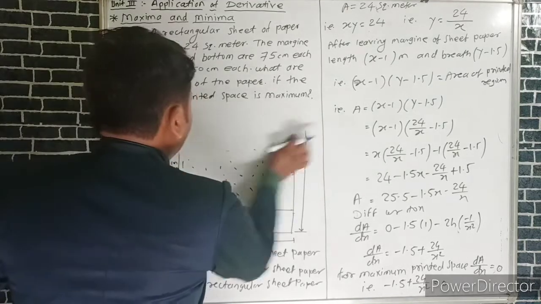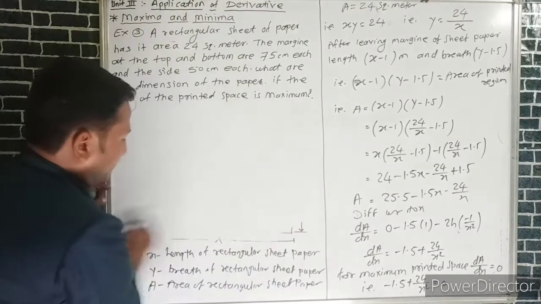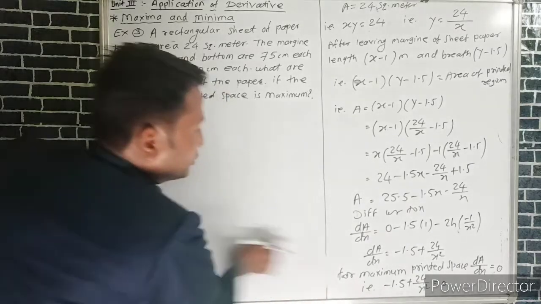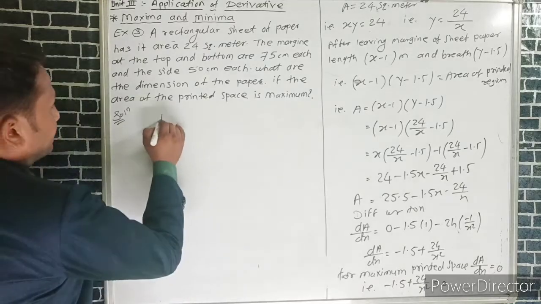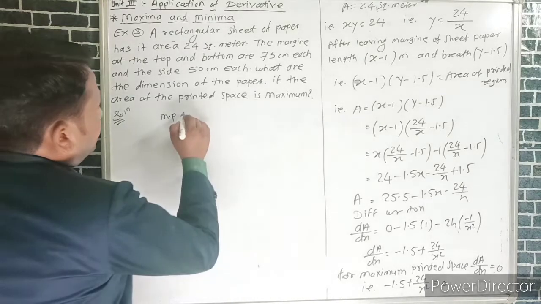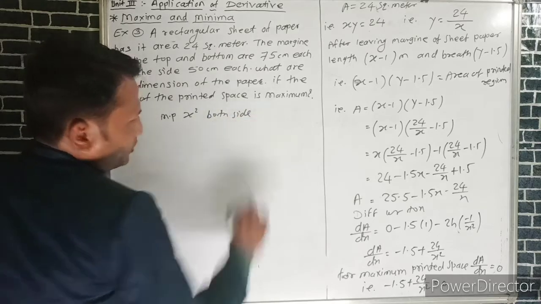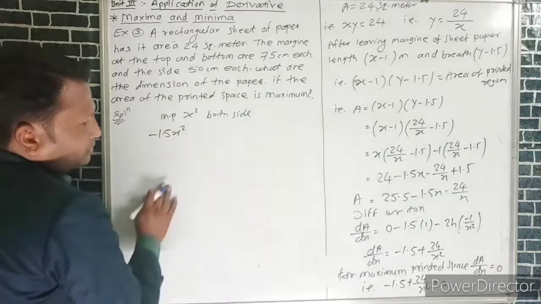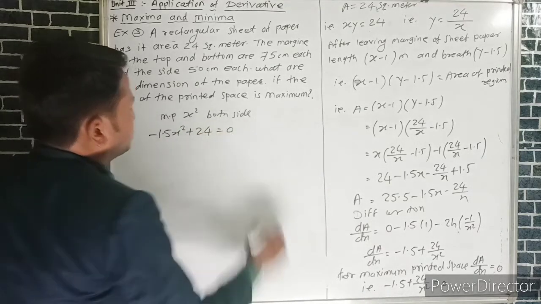So if we continue this equation, we can find the value of x. If we multiply x square on both sides, we can write minus 1.5 into x square, the x square gets cancelled, plus 24 is equal to 0.